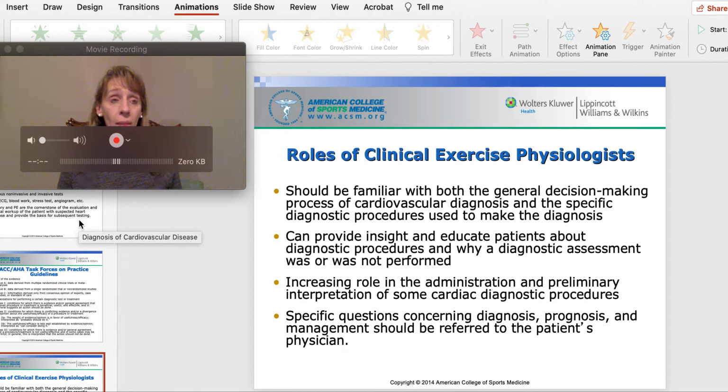We're not doing them, but the best clinician, the best way to train and help somebody is to understand what they've been through. So CEP can provide oversight, lots of education about diagnostic procedures. They ask a lot of questions. Why did I have this test? Well, my coworker had another test. So why things were performed, maybe why weren't they performed.